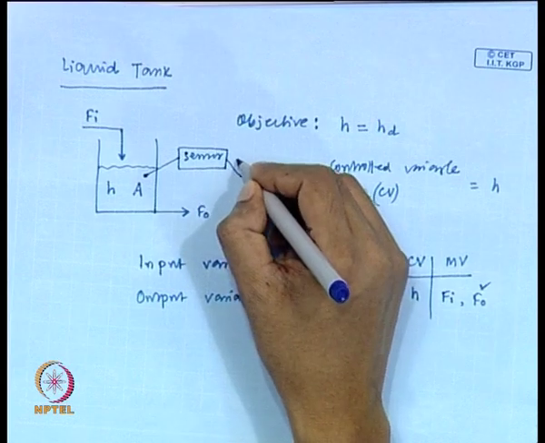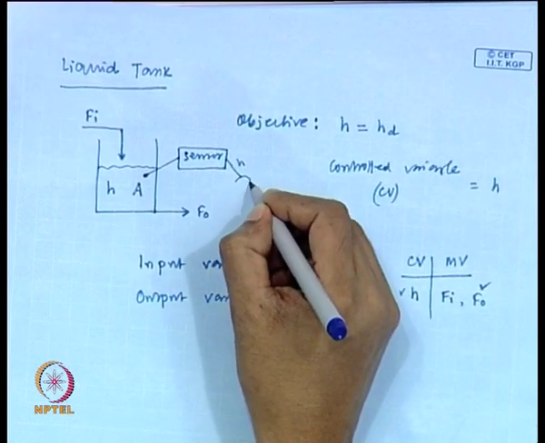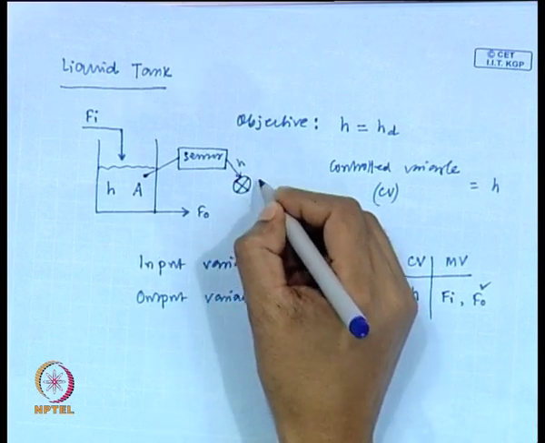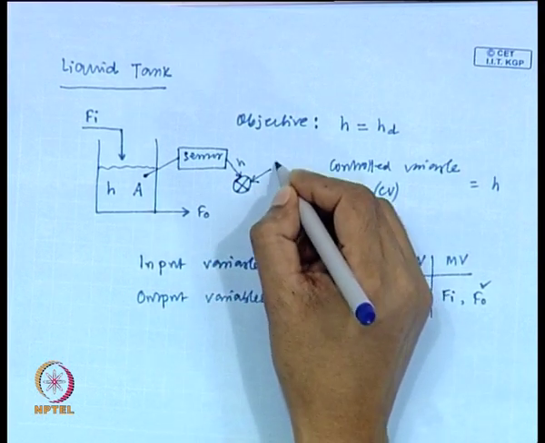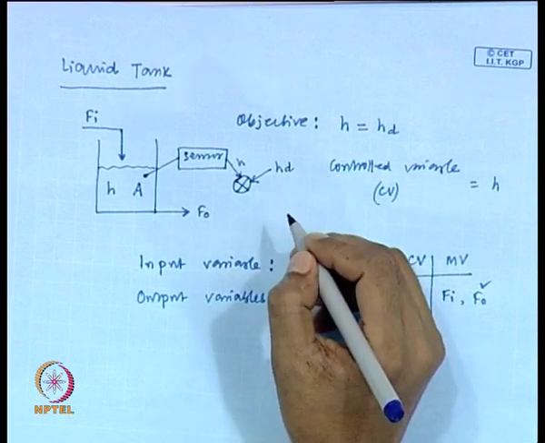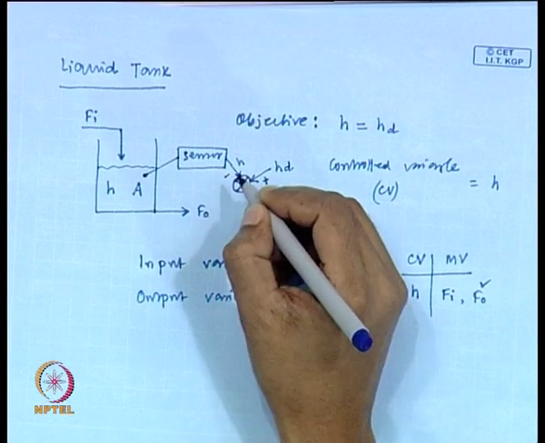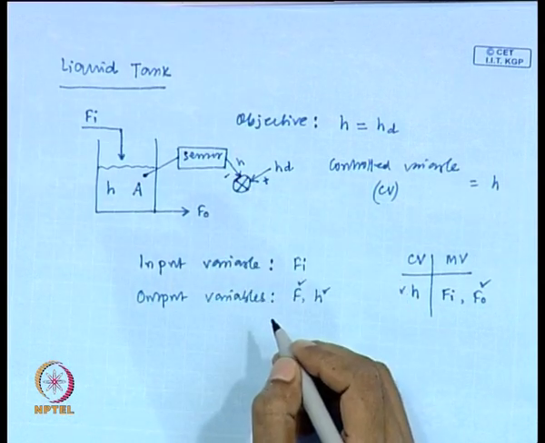Suppose this is the height, then it is compared with the desired value Hd. This carries positive sign and this is negative sign.